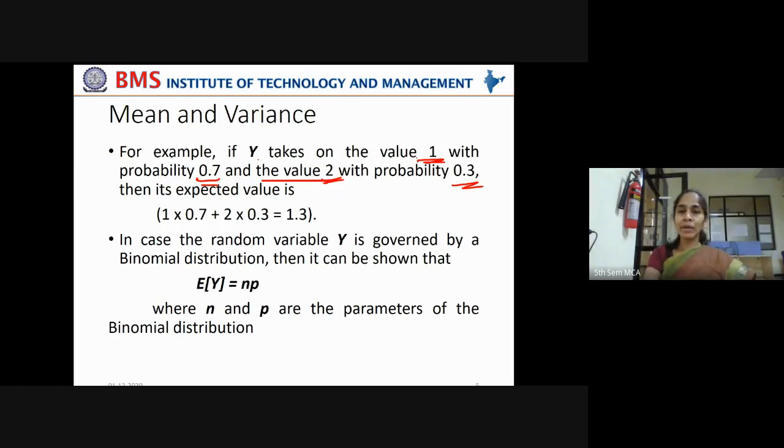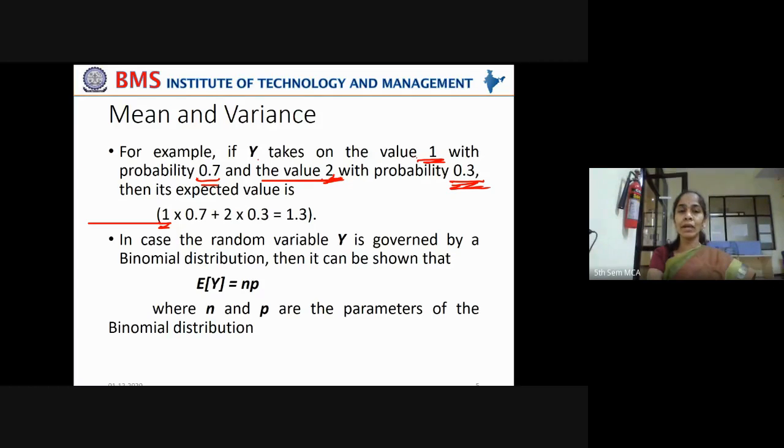Okay, so the probability associated with the value 1 is 0.7 and with the value 2 is 0.3. Then its expected value, or the mean value, or the average value of y is, how do you calculate? Sum of products of that value and the probability of the random variable taking up that value. So what is the value here?